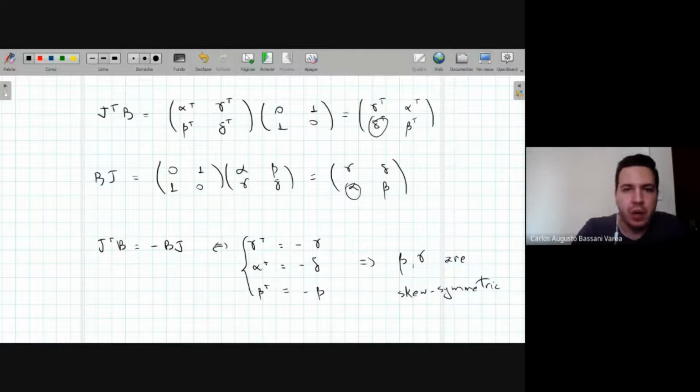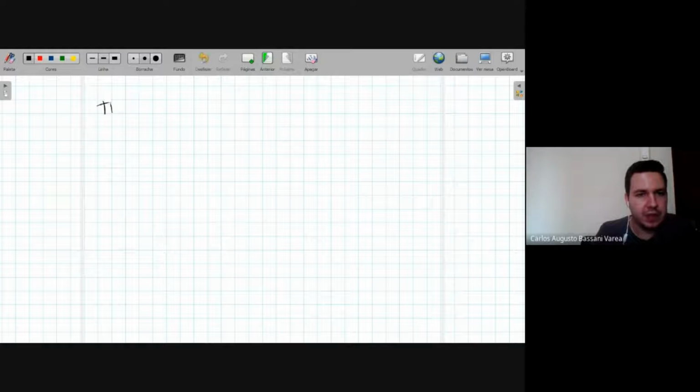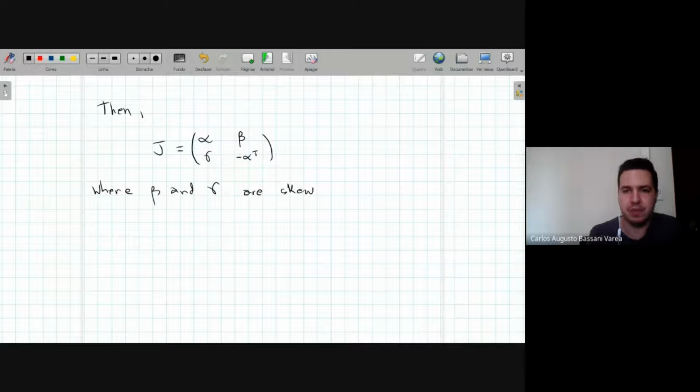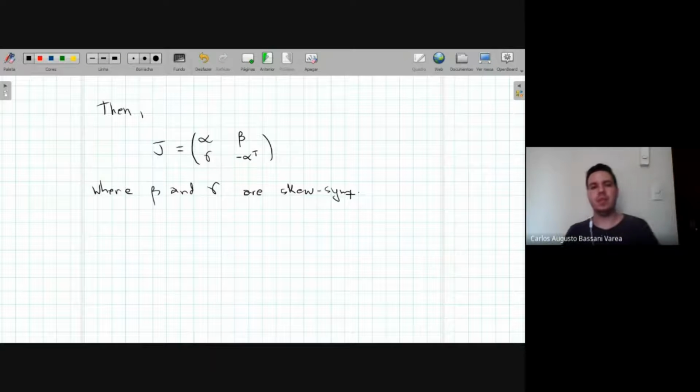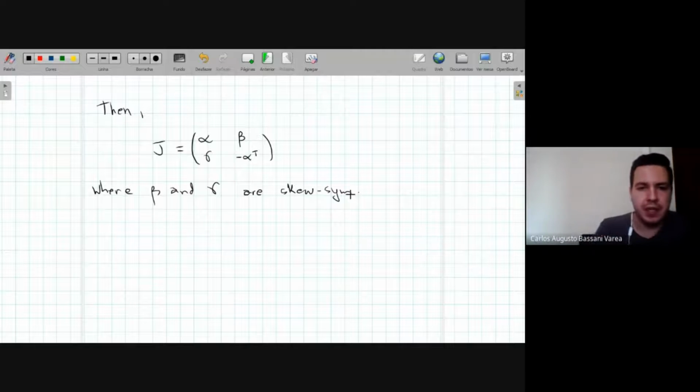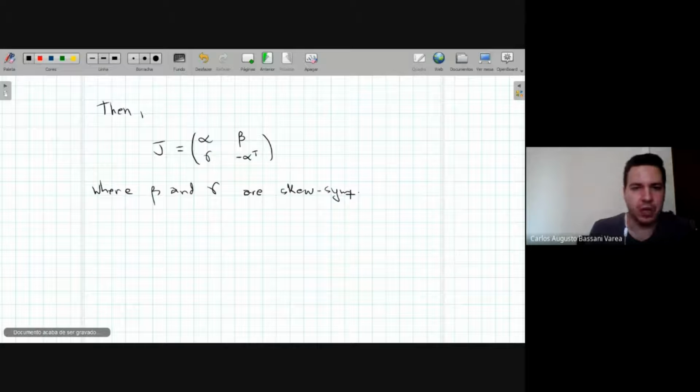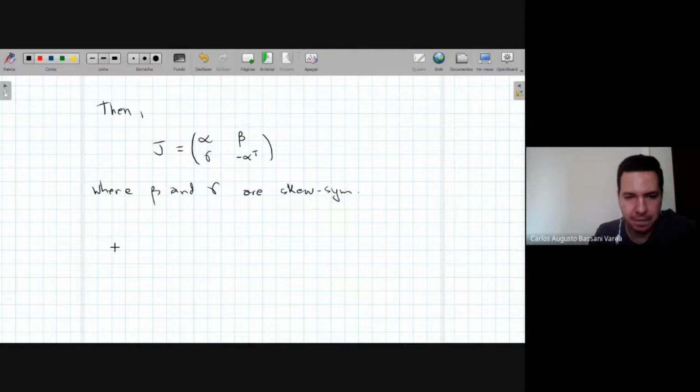So J has this form here, alpha, beta, gamma, and here we have minus alpha transpose, where beta and gamma are skew symmetric matrices. Okay, so the orthogonality gives us that J has this form here, where beta and gamma are skew symmetric.